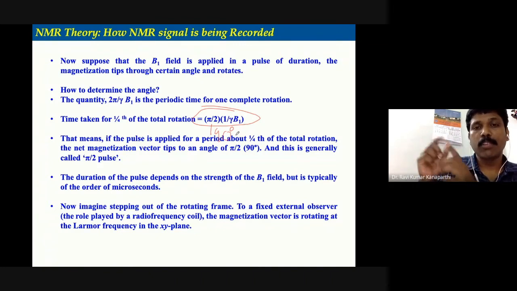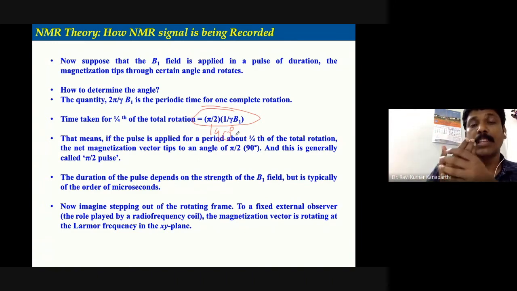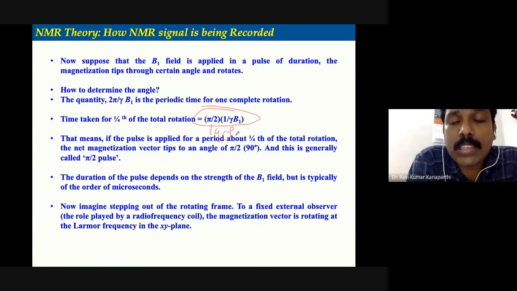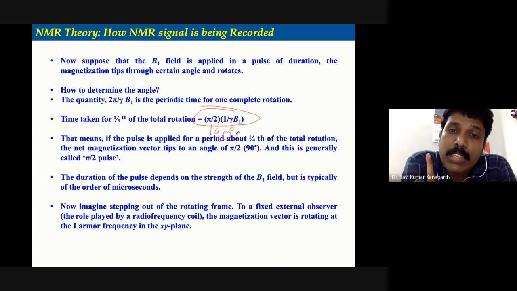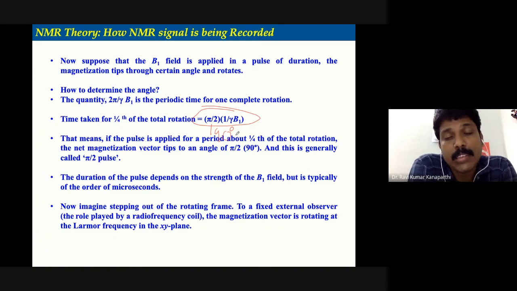Depending upon how much time you apply it, the magnetization vector, which is precessing and pointing towards the z direction, will tip to a certain angle. This angle is decided by the applied field and how long you apply this circularly polarized radio frequency; that decides the angle at which it tips and rotates in that direction. So this is possible by changing the periodic times.